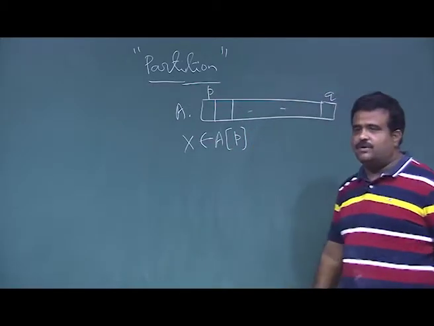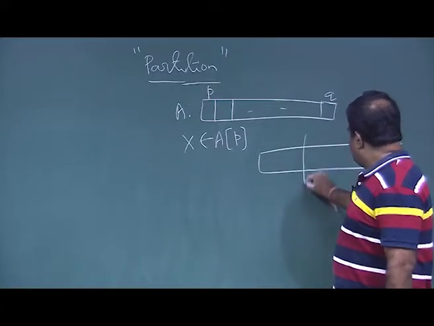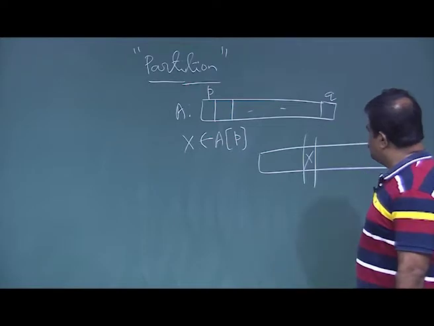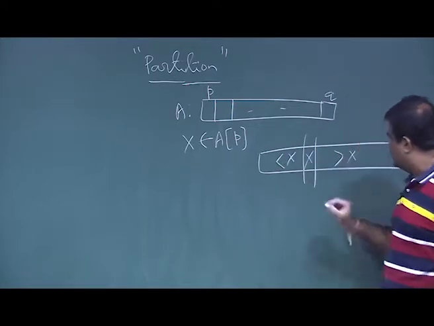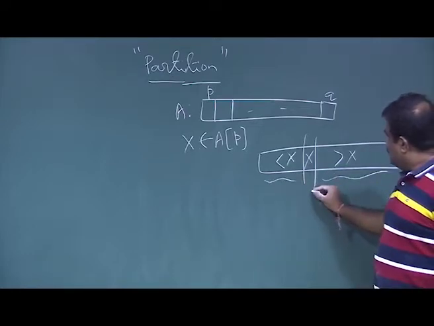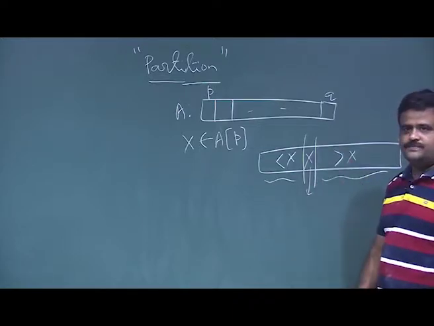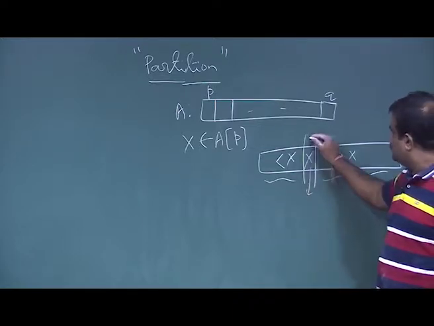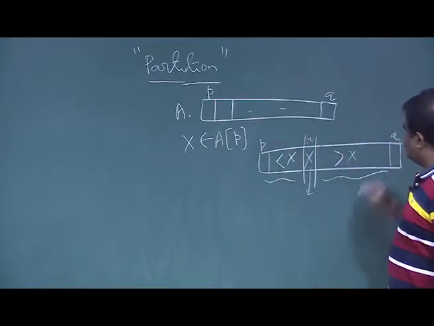After partition, we divide the array into two subarrays, and we put the pivot element in its position, with all the elements on the left less than x and all the elements on the right greater than x. And this is the position R we are returning.